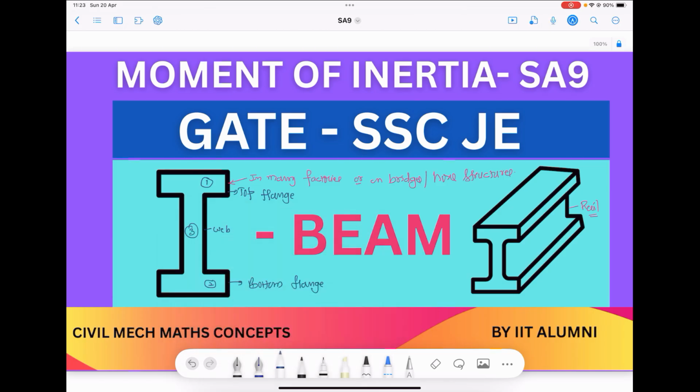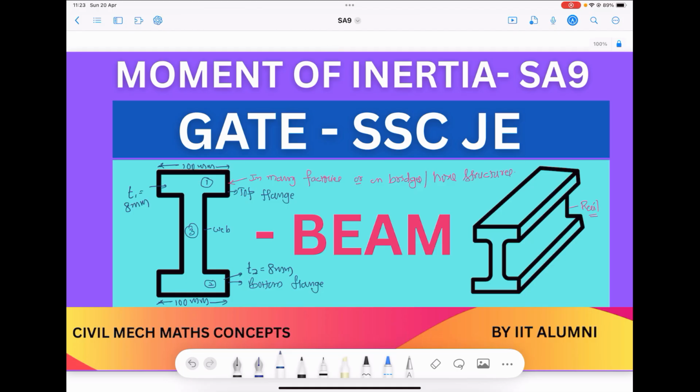Let us say the thickness of the top flange T1 is equal to 8 mm, and the thickness of the bottom flange, for uniformity, T2 is equal to 8 mm. The width of the top flange is 100 mm, and the bottom flange also 100 mm.